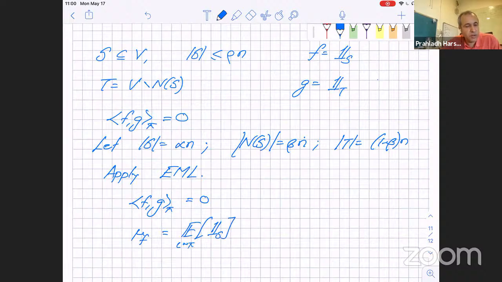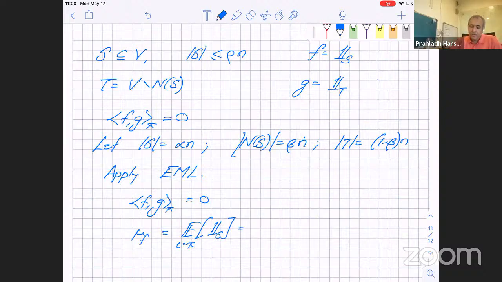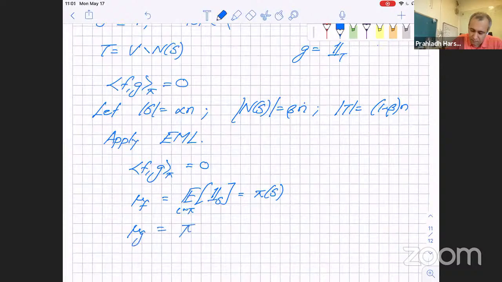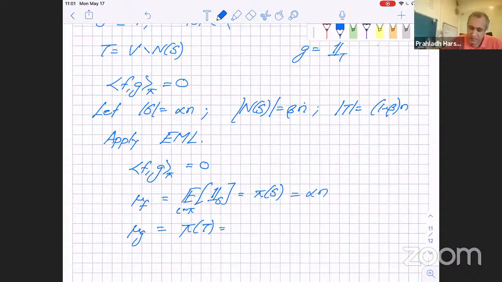This is a uniform distribution because the graph is regular. So this will be pi of S, which is alpha. Let's just keep it as pi of S. Mu of G, the same thing, is pi of P, so this is alpha, and this is 1 minus beta.